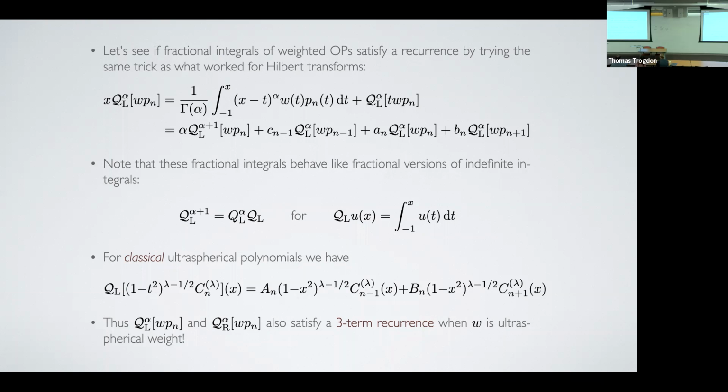And if we use classical orthogonal polynomials, we know an integral can be re-expanded in the same basis. So we can use the fact that integrating ultraspherical polynomials can be re-expanded back in ultraspherical polynomials. And putting everything together, this tells us that the left-sided fractional integral also satisfies a 3-term recurrence. Well, it's probably a 2-term recurrence where one of the terms is 0, but I also call it 3-term.